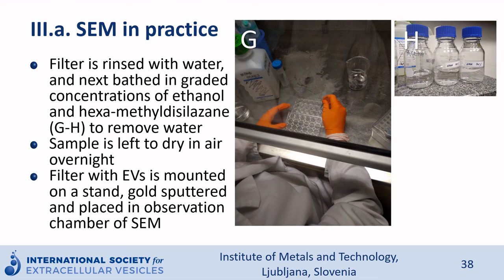The dried sample is mounted to a metallic stand and, before being inserted into the observation chamber of the scanning electron microscope, it can be sputtered with a heavy metal. It can be seen that the procedure is lengthy and needs a skilled operator. There are several steps in the procedure where sensitive vesicles can be damaged, destroyed, or lost.